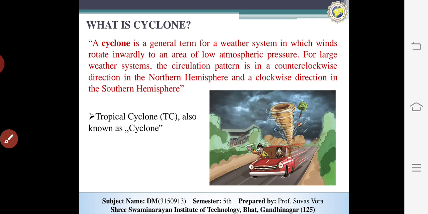Now, what are cyclones? The next one is cyclones.